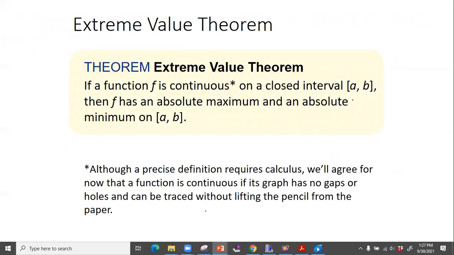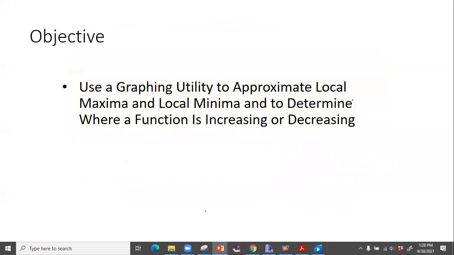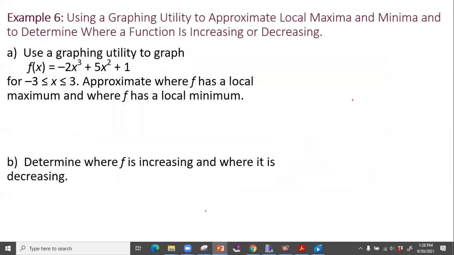Keep it pushing. All right, this is just your definition. If a function f is continuous on a closed interval a to b, then f has an absolute maximum and an absolute minimum. If it's closed, there is a max and a min. Next is using the calculator. When the function is given to you, your job is to use the calculator to find it.